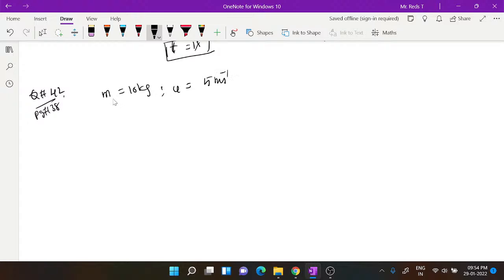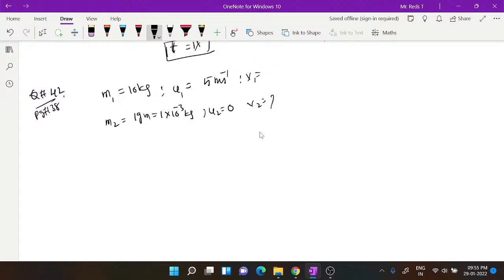Let us consider m2 is equal to 1 gram. 1 gram in kilogram, you can write it as 1 into 10 to the power minus 3 kilogram, which is at rest. That means the initial velocity of the second one is 0. After collision, the first velocity can be taken as v1 and the second as v2. The velocity of the second body after collision, assuming the collision is perfectly elastic, is what is asked.